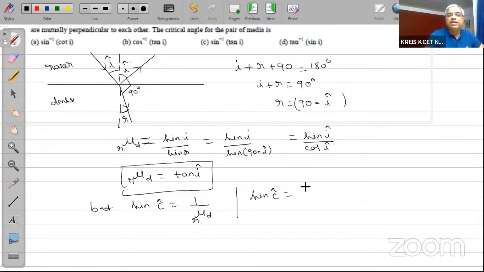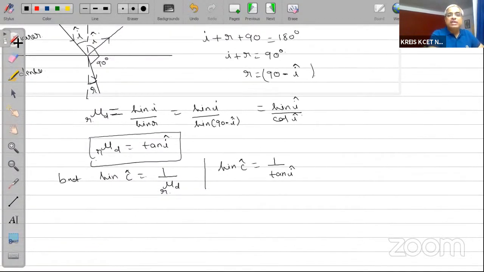Sin C can be written as 1 by tan I, because mu dr is tan I. So from this you can immediately see that sin C is nothing but cot I. Again, 1 by tan I is nothing but cot I. So C will be equal to sine inverse of cot I.